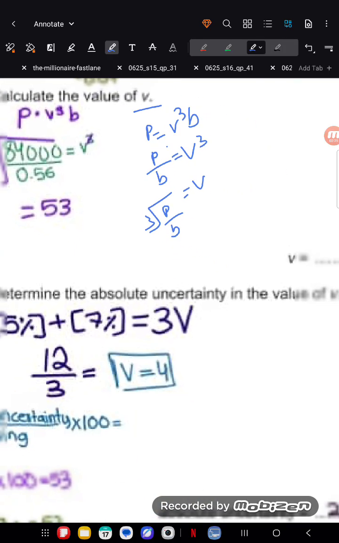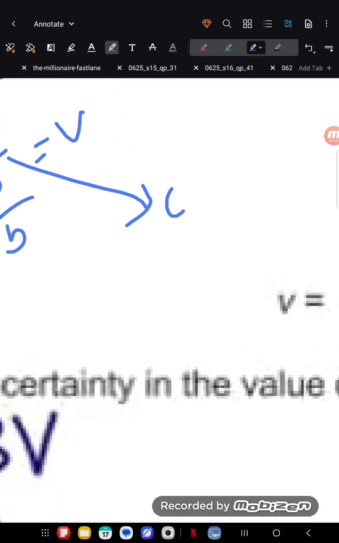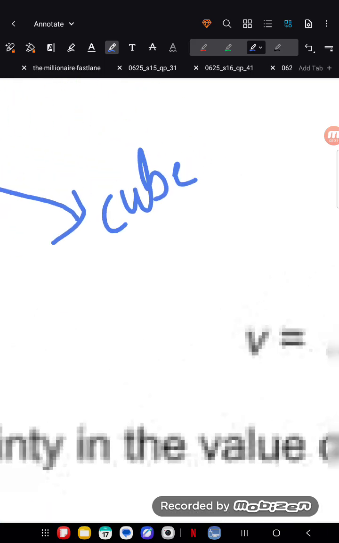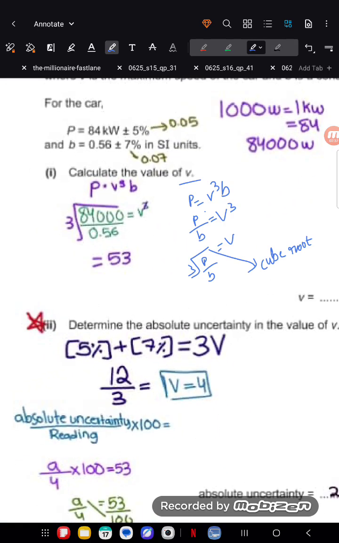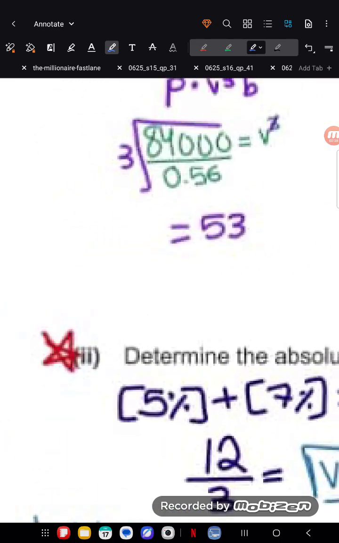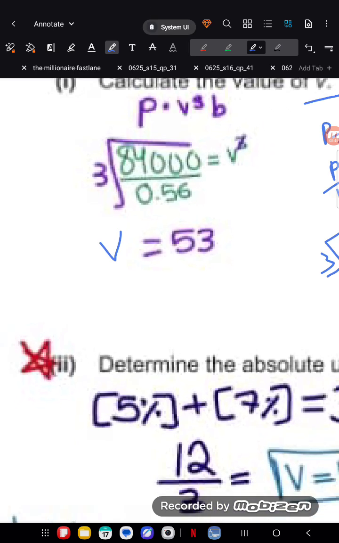You can see this is a cube root, right? So now you got the answer of V. This is the answer of V, right?